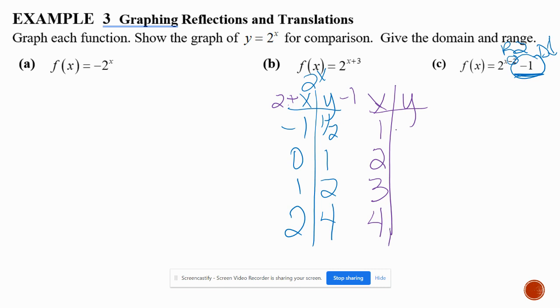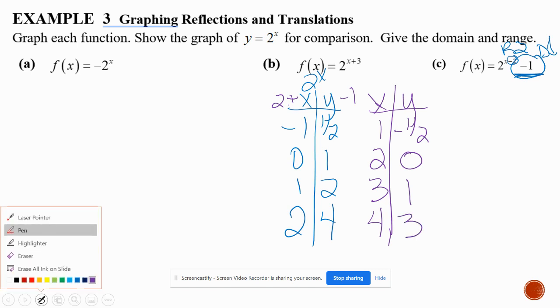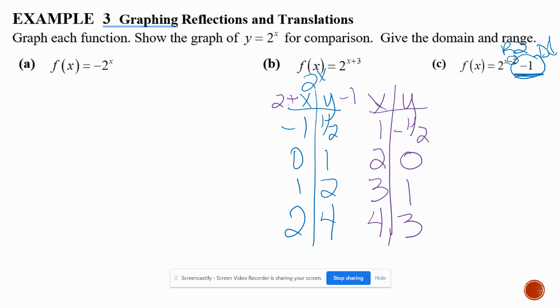1/2 minus 1 is -1/2. 1 minus 1 is 0. 2 minus 1 is 1. And 4 minus 1 is 3. So again, if you're in your graphing calculator, you should be able to find those points on your table.